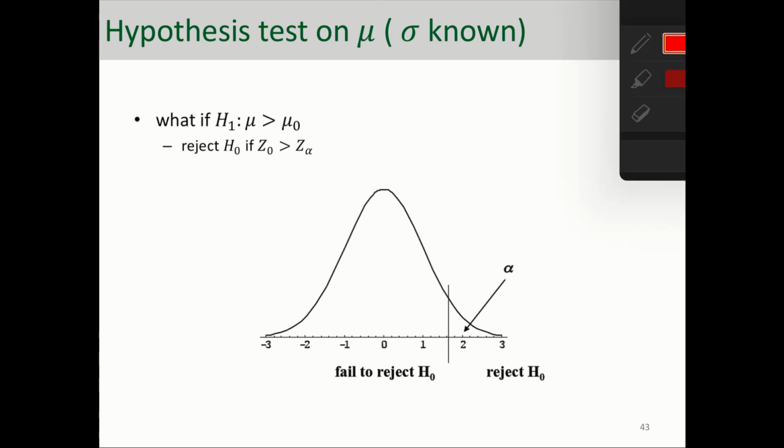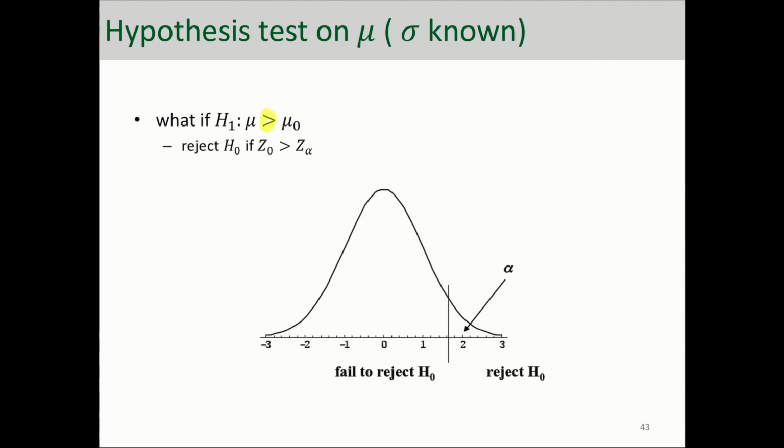In this case, because the alternative hypothesis has this greater than sign, our test would look like this, where we have only one critical region, to the right of the distribution, and the area under the curve is alpha. That means this point is z of alpha. For example, if alpha of the test is 0.05, this value is z of 0.05, which is 1.64.